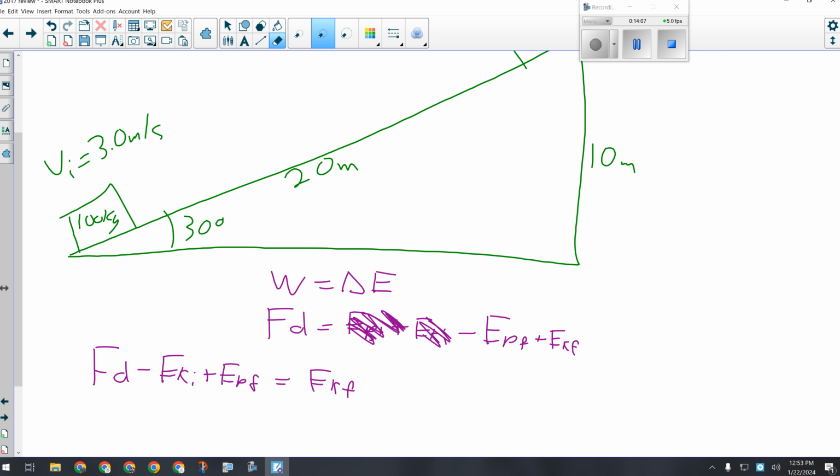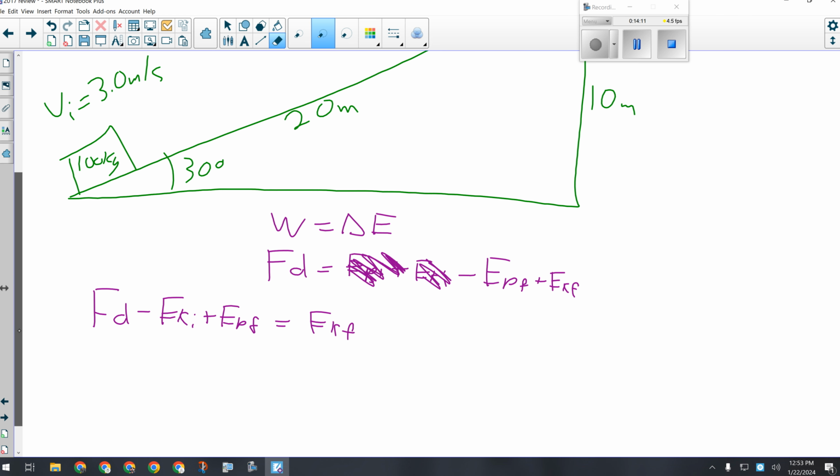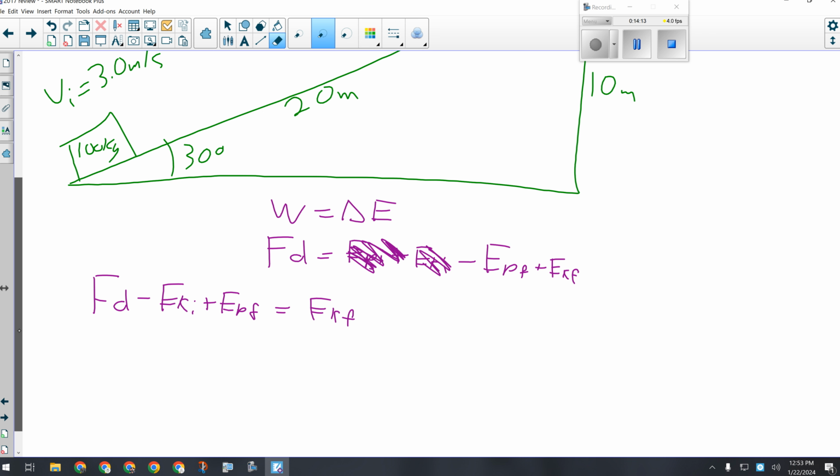Now I'm going to put in more of the data that I have here. I'm going to leave this as force times distance, and expand these out to their actual formula. So force times distance minus 1/2 m v initial squared plus m g h final equals 1/2 m v final squared.